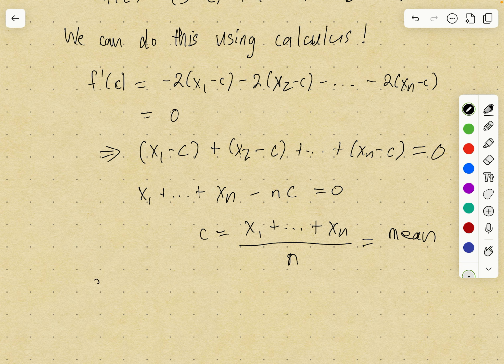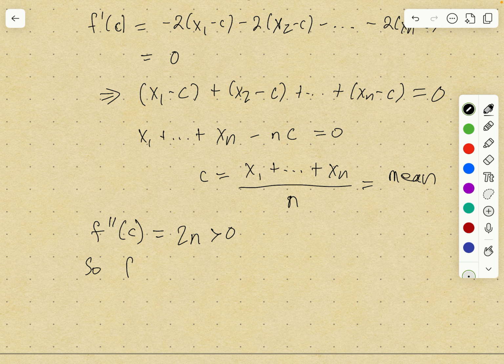And we can check that this in fact gives you a minimum, because if you take the second derivative, I think I'm just going to get 2n when you take the derivative, and then that's positive. So since the second derivative is positive, you know that the function has a minimum when c is the mean.